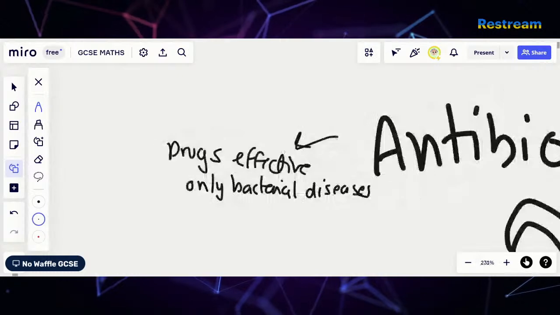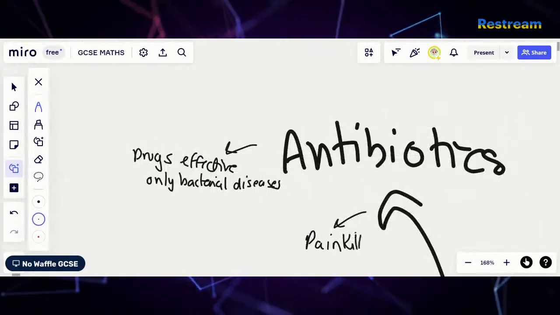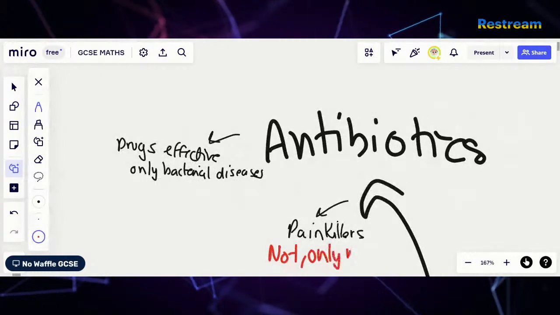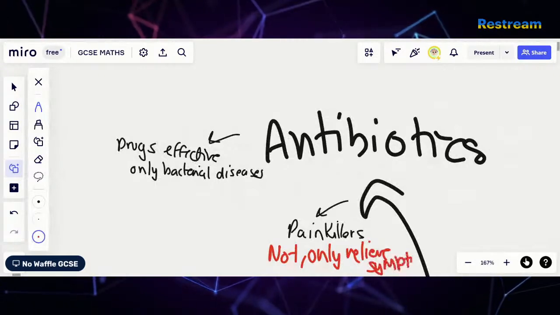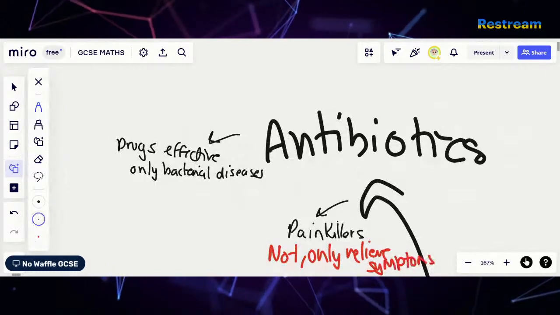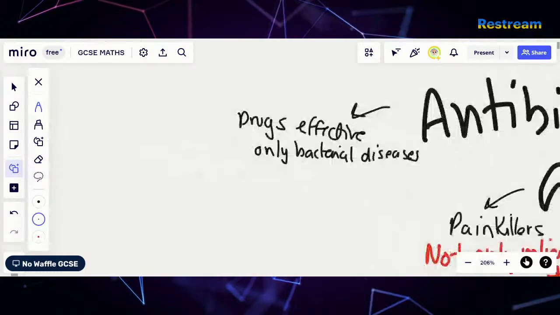Now, painkillers are often associated with this topic. However, painkillers are not antibiotics because they only relieve the symptoms. They do not relieve the illness. Now, mutations can happen in bacteria.